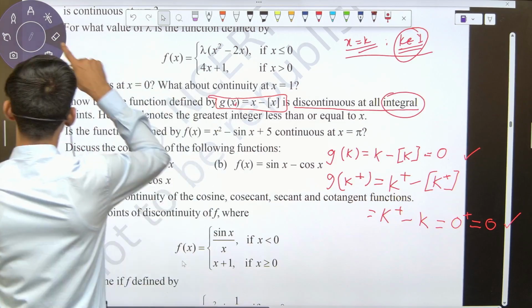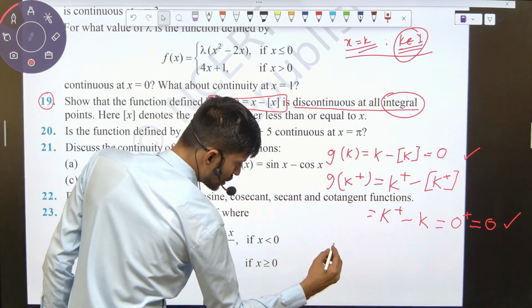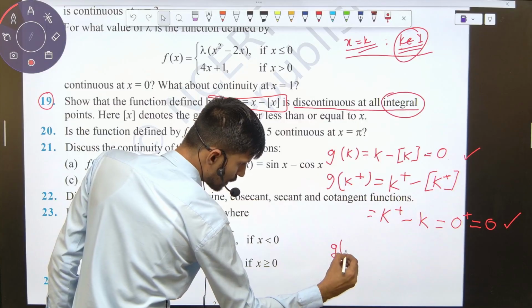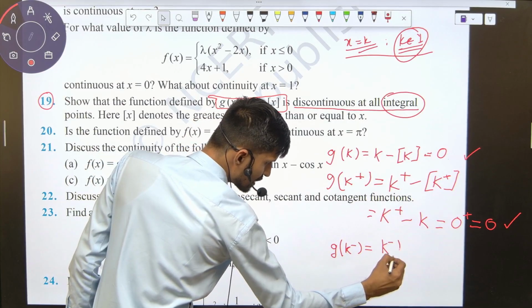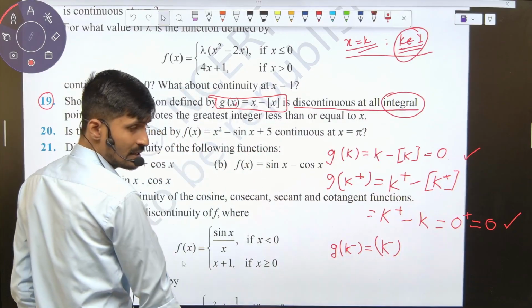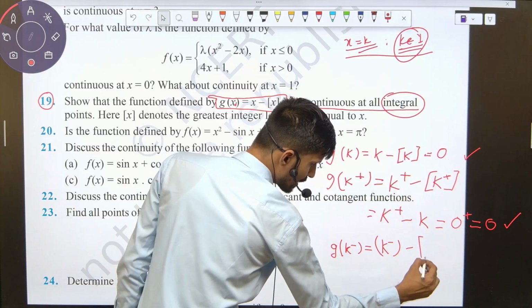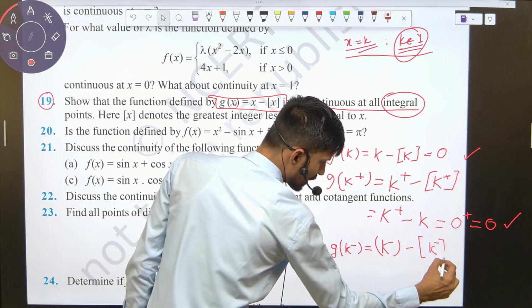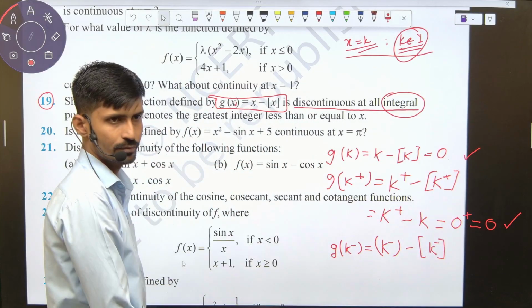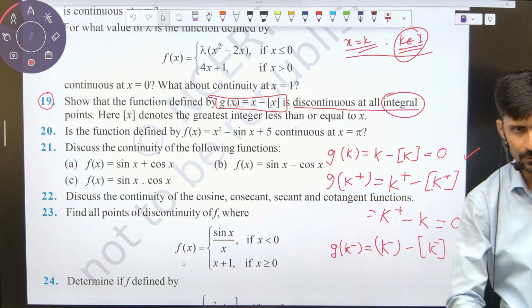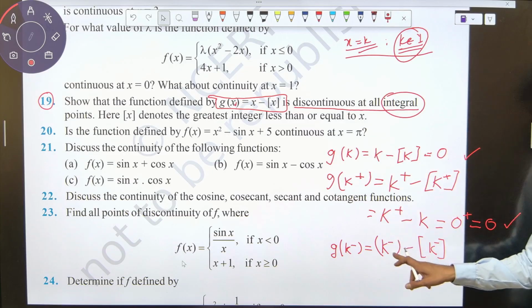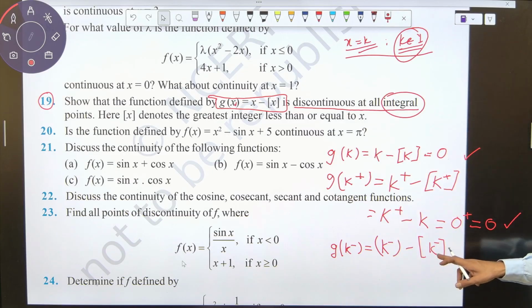So g of k minus will be, k minus is a number like 2 minus, 3 minus, 4 minus, minus greatest integer of k minus. Let's think. For k minus we don't have to do anything. Here we have to think.